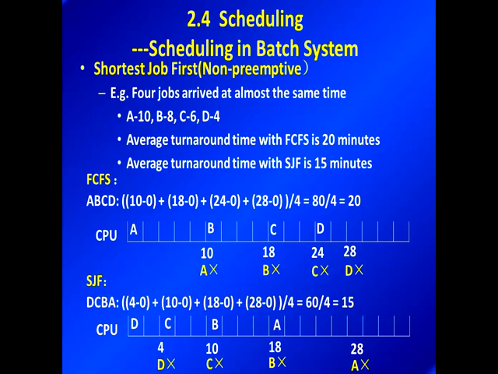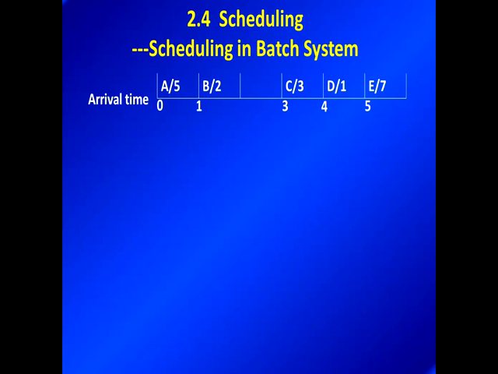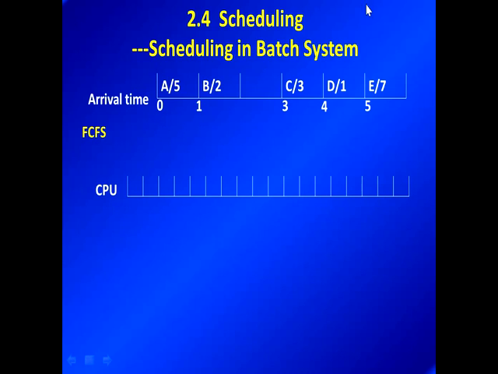If you list all the information in the scheduling problem on this time axis, you can see from this simple figure that there are 5 jobs arriving at time 0, 1, 3, 4, 5 respectively, and each job has its estimated execution time.